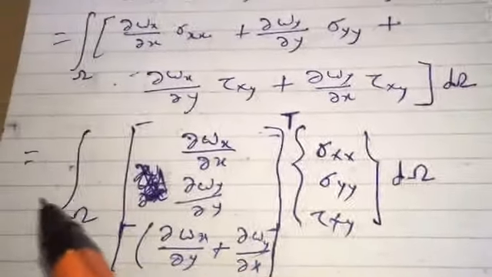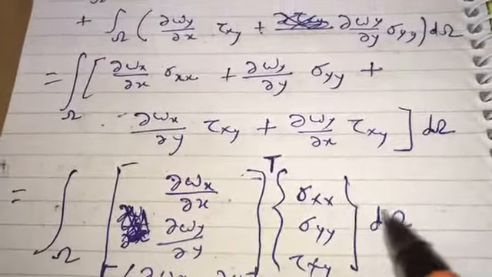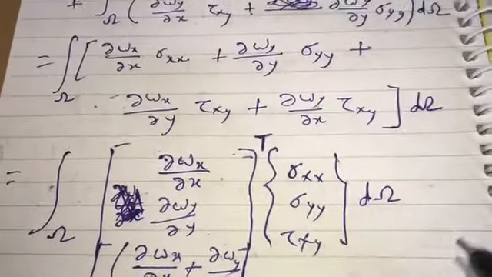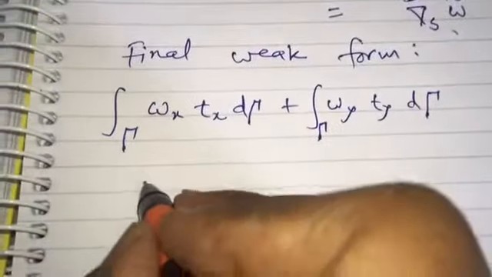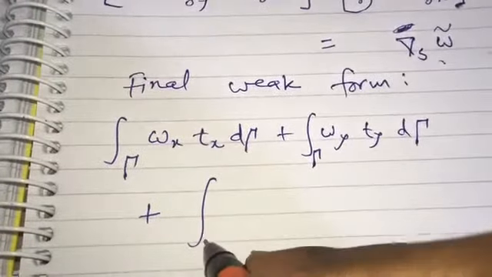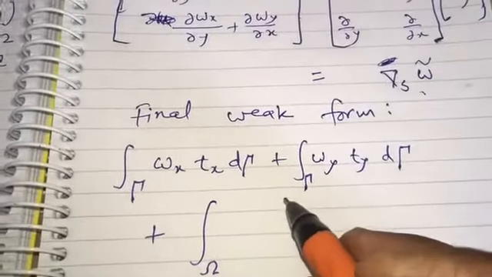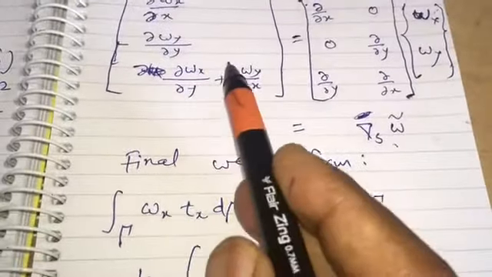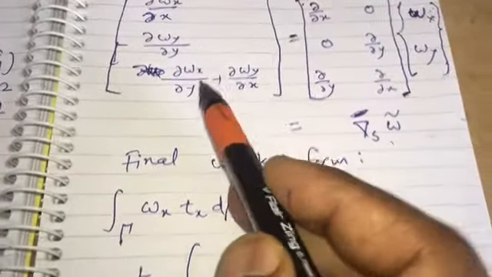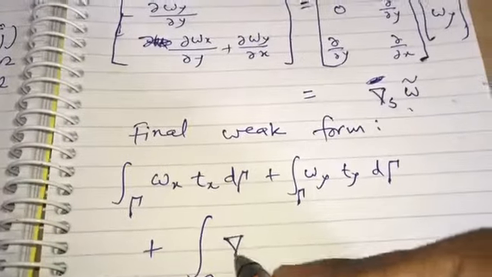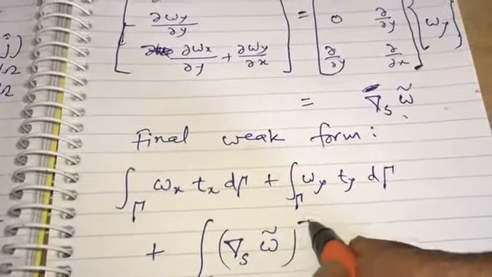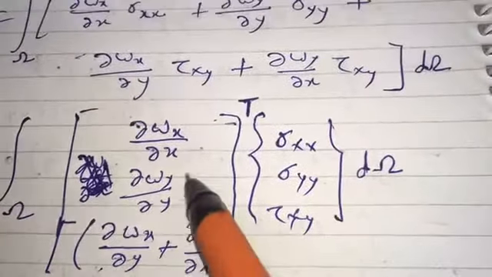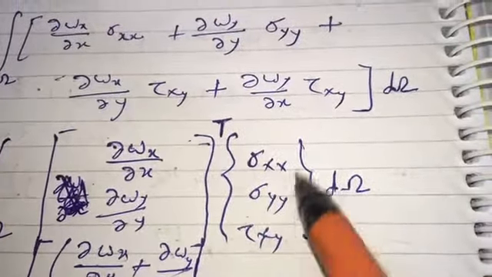So the whole thing, if we combine them together, let's write it here. So here this will be plus gamma, and then this term was there, after that the sigma term. So this term becomes del s w, and this is transpose because this was the transpose. So this we wrote already in compact form, and then this sigma.